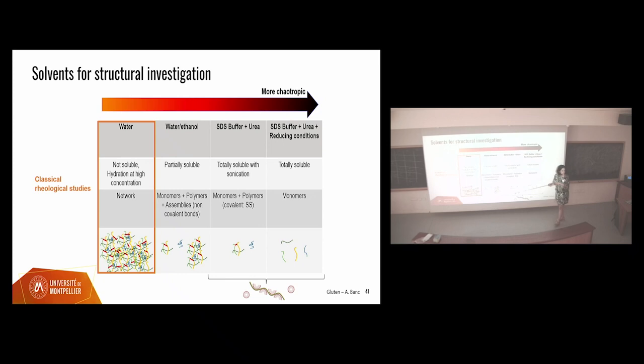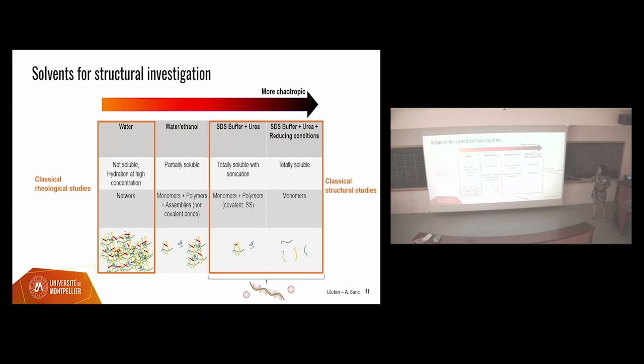However, if they want to fractionate the different proteins, they have to solubilize it, to dilute it, to obtain the different monomers and polymers. They do here size exclusion chromatography using surfactant and urea. And if they want to get information about polypeptidic chain, they have to add reducing condition.